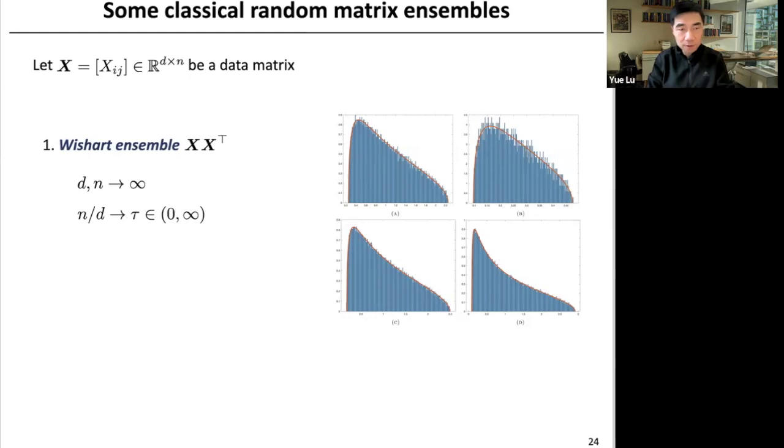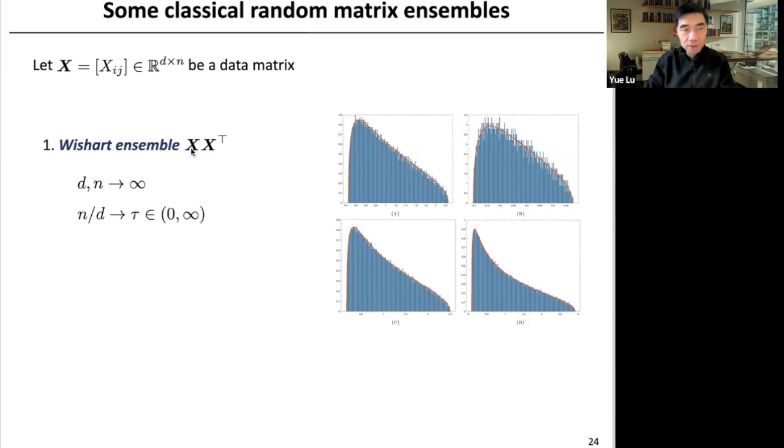First of all, let me recall a few classical random matrix models that people have studied over many decades. Assume that we have a data matrix X of dimension D by N, and each column of X is an independent data vector.